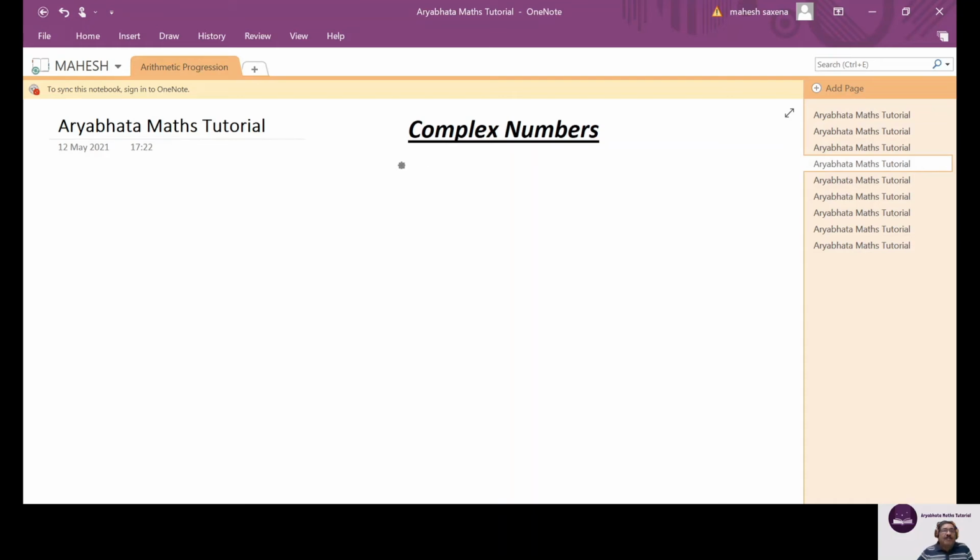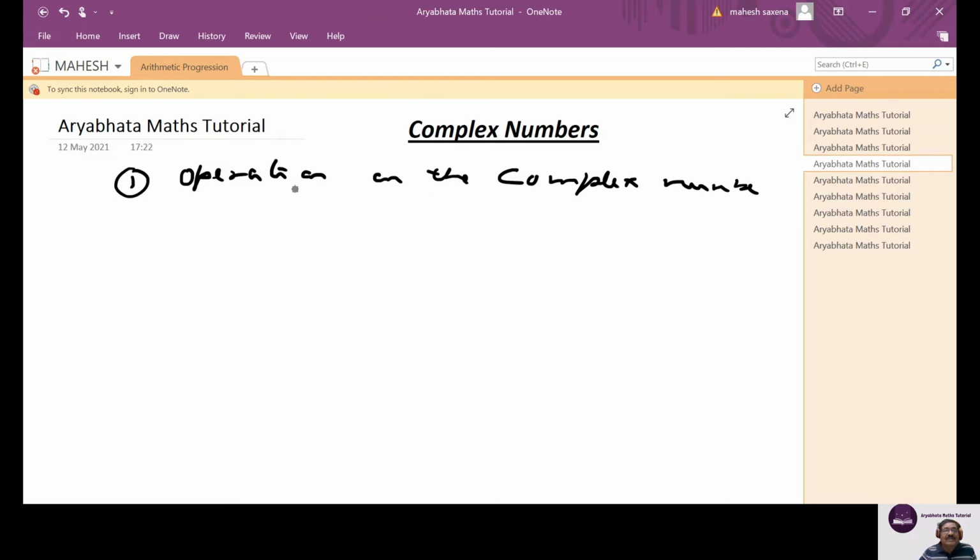We come to the operations on complex numbers. There are two complex numbers. First is Z1, it is a plus ib, and second Z2, that is c plus id.